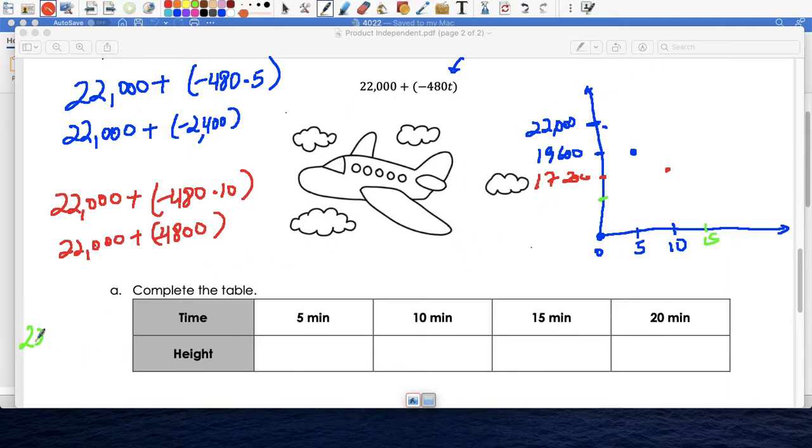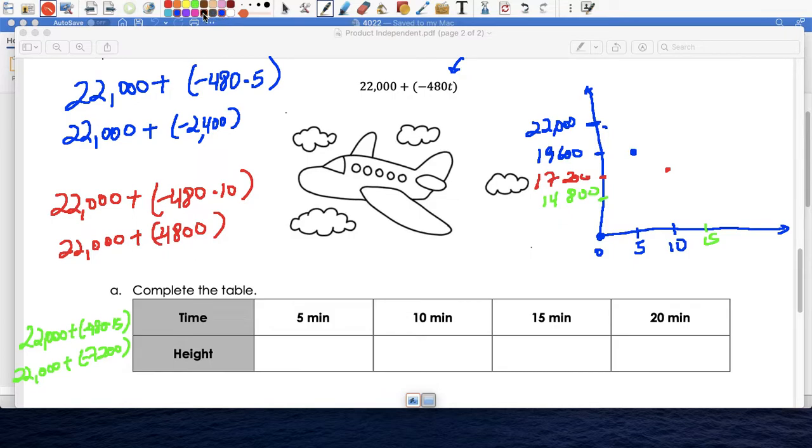Maybe 22,000 plus negative 480 times 15. So after 15 minutes, the airplane lost 7,200 feet. So if we subtract that from 22,000, minus 7,200, the airplane now is at 14,800 feet.